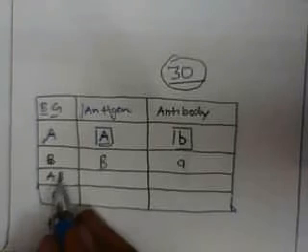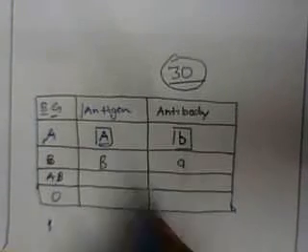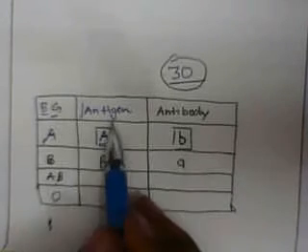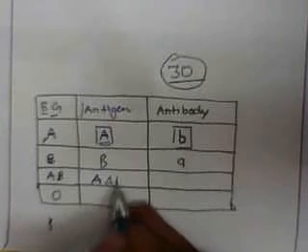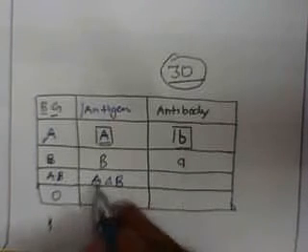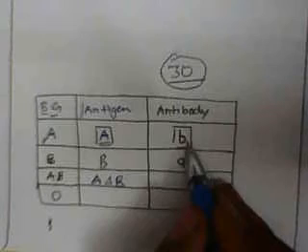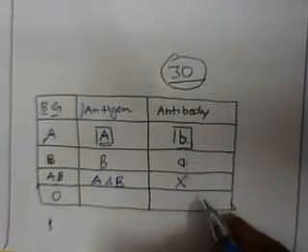But if you have AB blood group, then, as we know, the name of the blood group depends upon the antigen. So there would be A and B antigen. If you have A and B antigen, then you can have neither A antibody nor B antibody. You won't have any antibody in your blood.